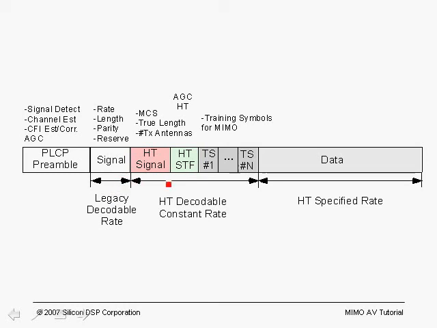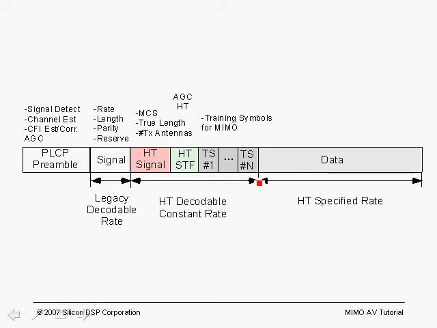Following the legacy signal field, we have the high throughput signal field. And following the high throughput signal field, we have the high throughput short training field, which is used for AGC refinement, as we discuss in a separate section. Important for us is the fact that the high throughput short training field is followed by training symbols in order to estimate the channel H matrix, and the number of training symbols is related to the number of spatial streams.